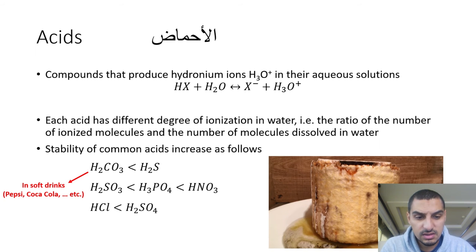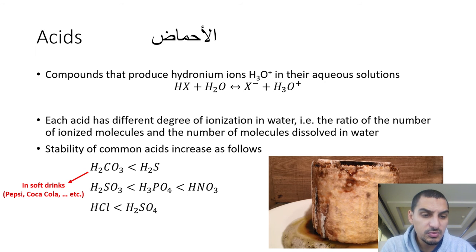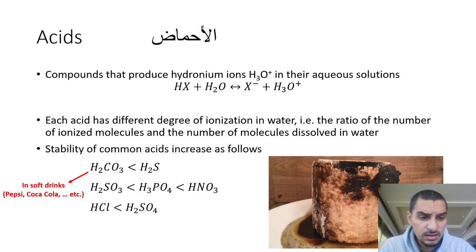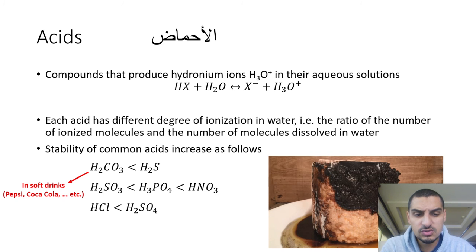It dissolves the drawing that was there on the tissue paper, and as time goes, you see that the reaction proceeds, and the tissue paper starts to get darker and darker. It's getting burned by the acid. Some fumes are coming out of the tissue paper, and it's getting more and more aggressive. It's just like burning the tissue paper.